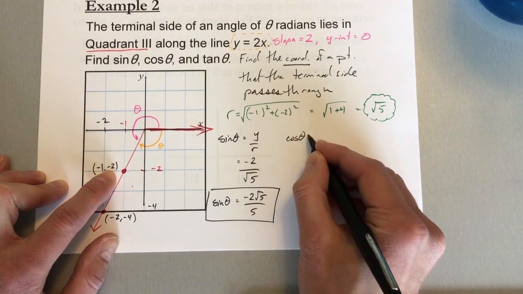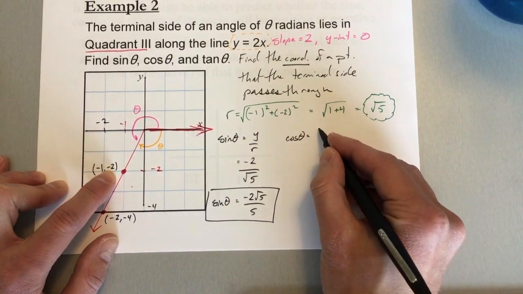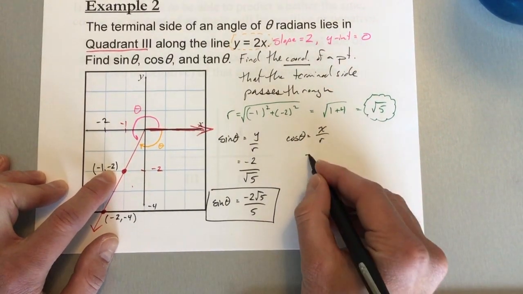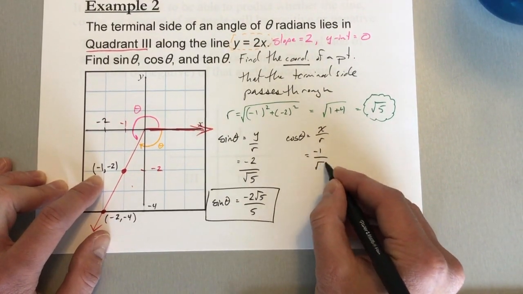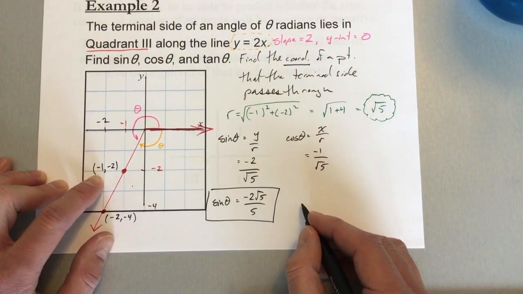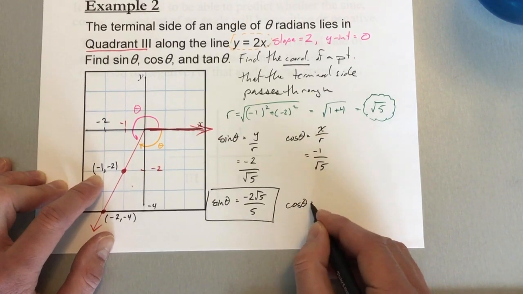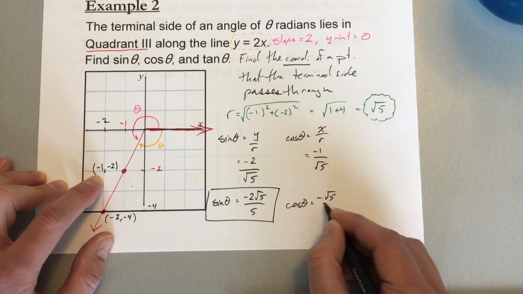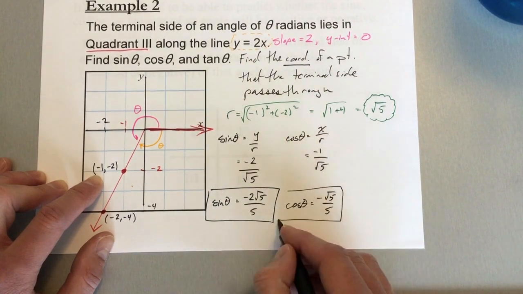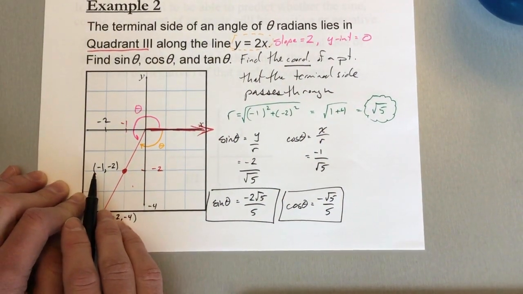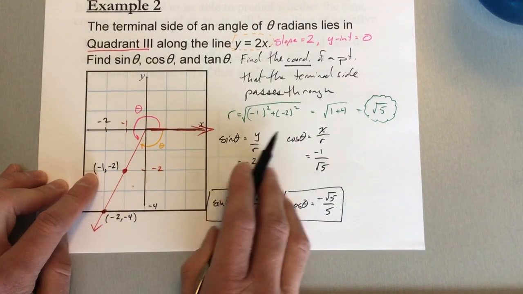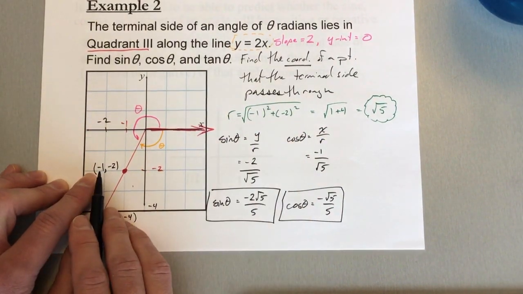The cosine of theta, and again, study those coordinate definitions, get those locked in your brain just as tight as you've got SOHCAHTOA, is -1 over root 5, which would rationalize our cosine ratio to -root 5 over 5. This time, our cosine ratio is also negative because this angle passes through a coordinate where the x value is negative.